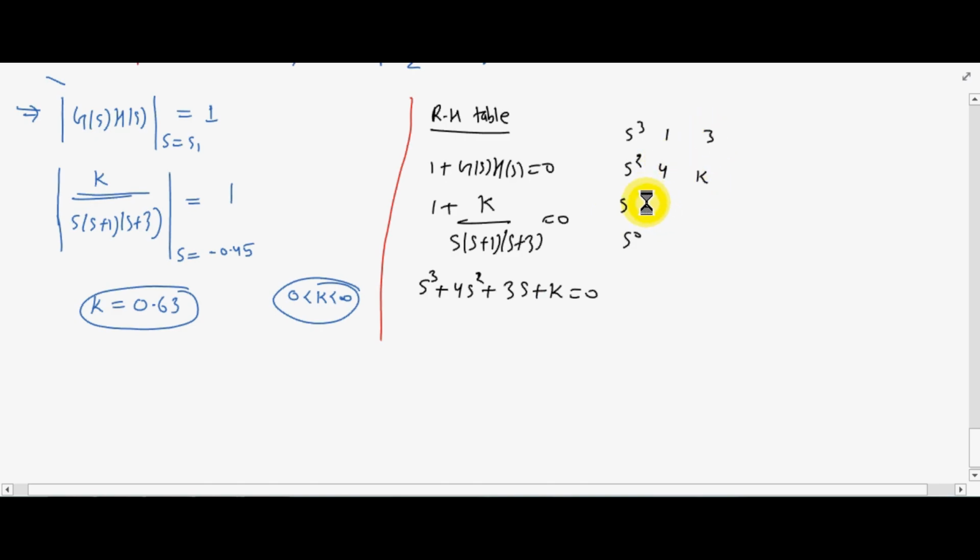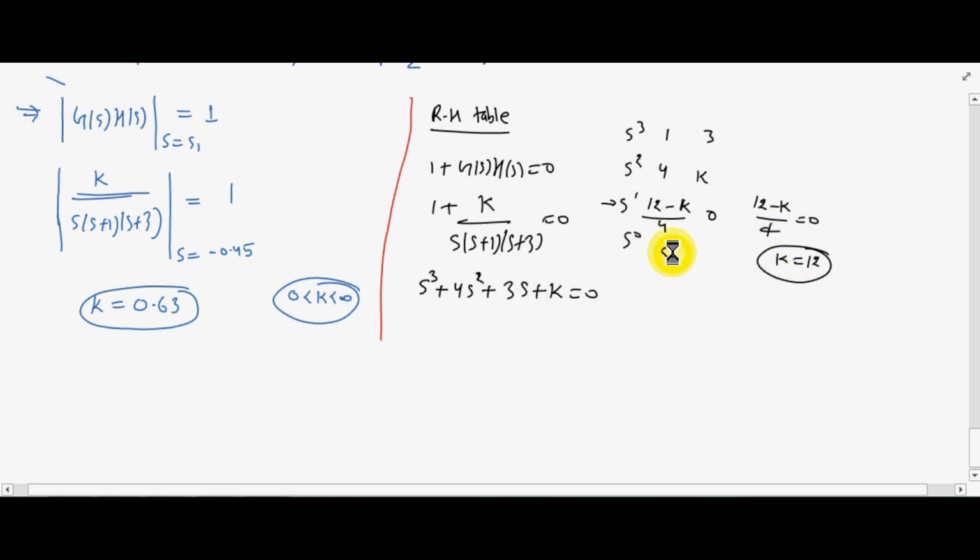Now 4 multiply with 3 is 12, k multiply with 1 is k, divided by 4, and 0 multiply with this gives 0, so this becomes k. For the system to be marginally stable, the odd power of s row should be 0. All terms of this row should be 0. This quantity should be 0. Clear? Means k is equal to 12.